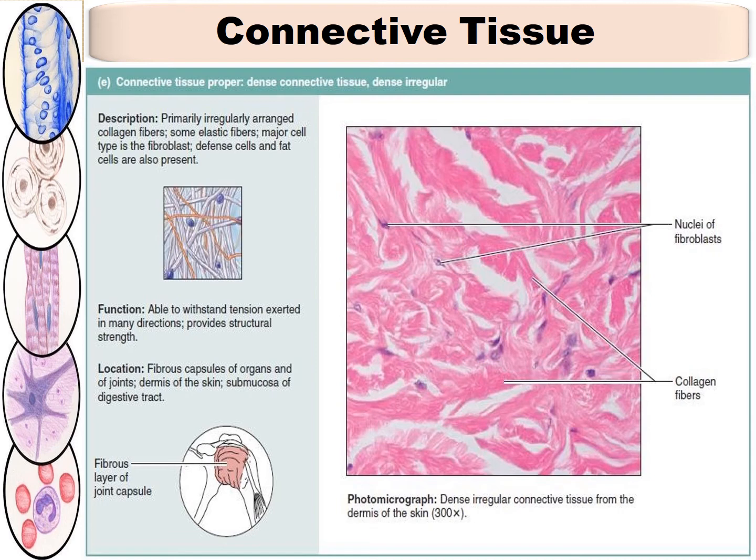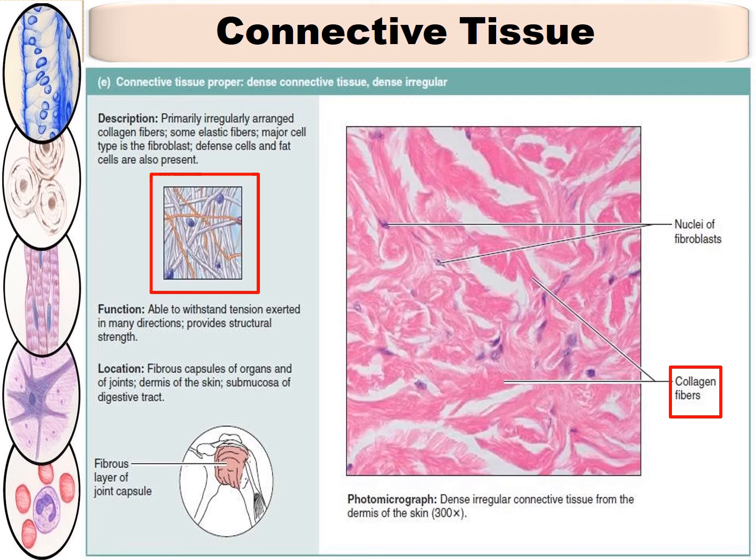Then the fifth type of connective tissue is dense irregular connective tissue proper. This dense irregular connective tissue proper is mainly composed of irregularly arranged collagen fibers and some elastin fibers, and the major cell type is the fibroblast.